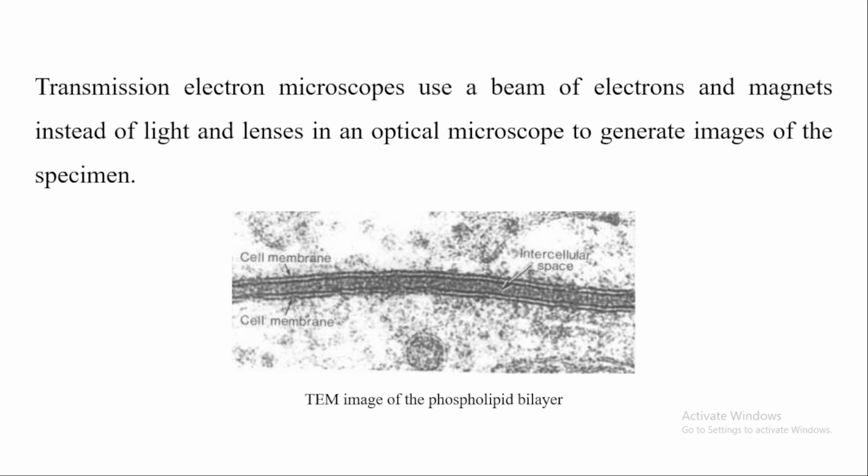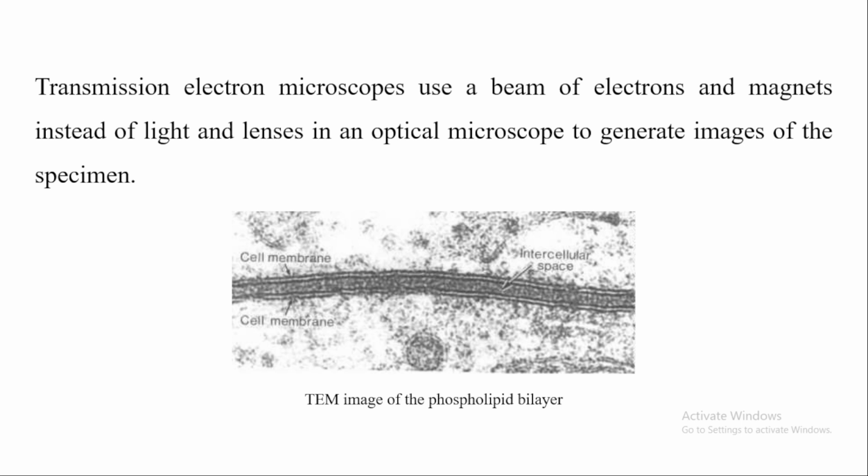So beams of electrons are used instead of light and electromagnets are used instead of lenses, and by using these two the images are generated. Two types of electron microscopes are there, transmission electron microscopes and scanning electron microscopes.